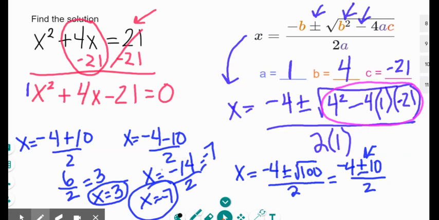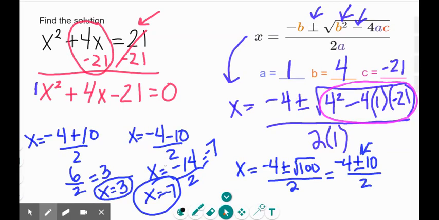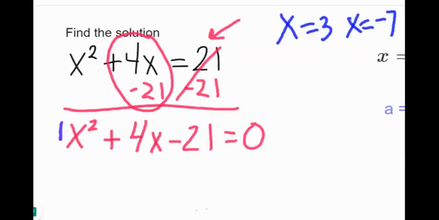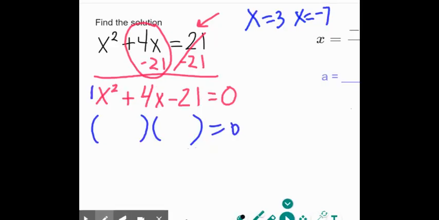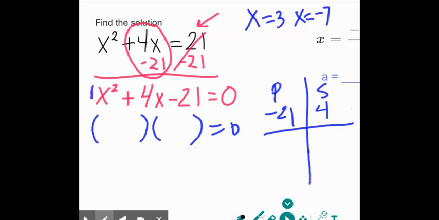Now, before I move on, I want to show you that you would get those same answers had you factored this equation. Okay, so I'm going to start with the equation that we got originally, x squared plus 4x minus 21 equals 0, and we're going to factor it. Now, remember, we need a product of negative 21 and a sum of 4. So what two numbers give us 21 that have a 4 difference?